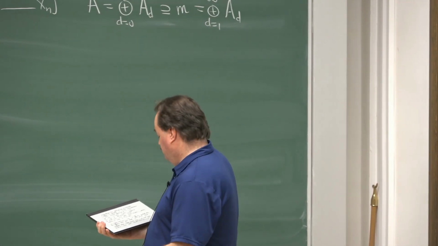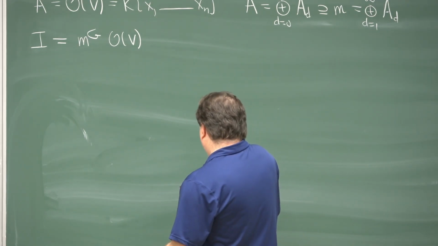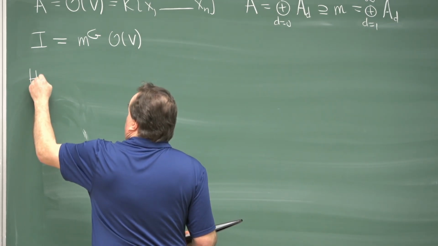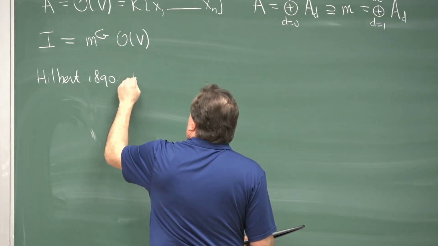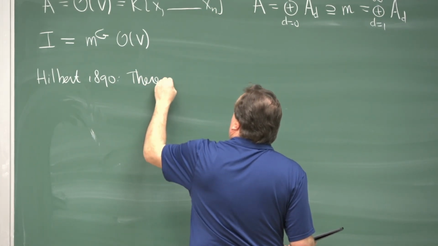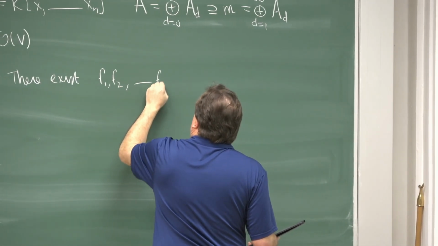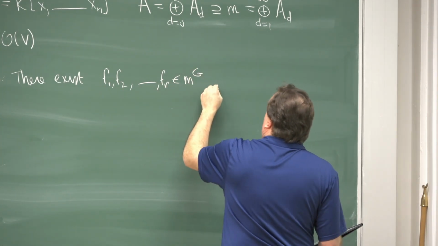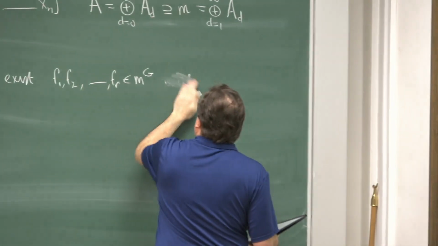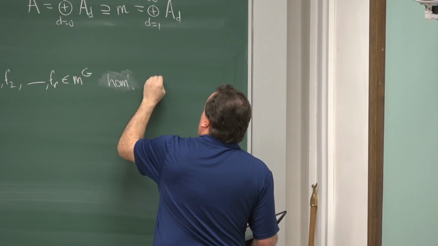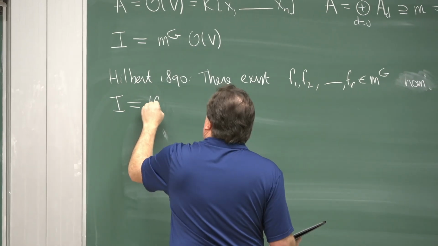And so basically what he proved is, first of all, there exist F1, F2, up to Fr in M^G, let's say homogeneous, such that the ideal is generated by F1 up to Fr.